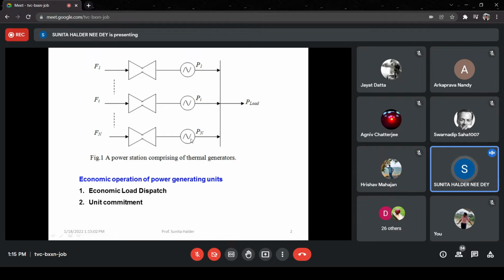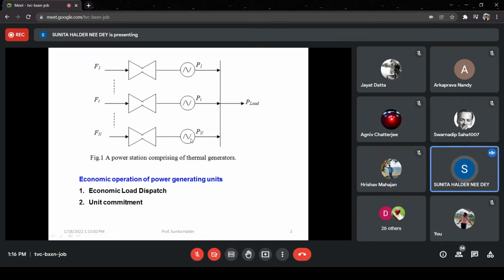What is economic load dispatch? Economic load dispatch is how the load will be distributed among the generators at a particular time of the day, because the load varies from time to time. So at any instant of time, for a particular load, how the generators will be loaded.